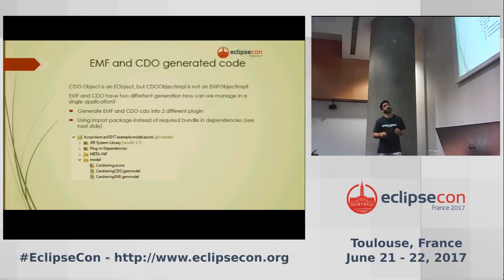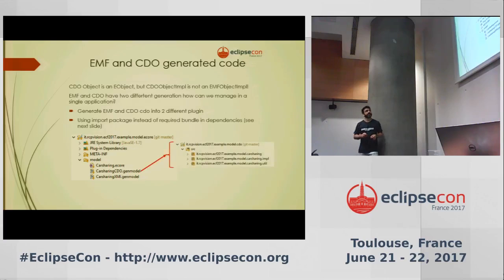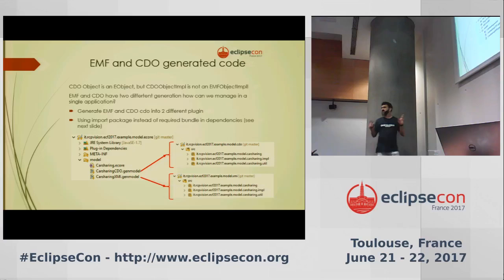And so we have two different implementations. We use a single plugin to define the model and two different gen models to generate the two implementations into two different plugins. We will see it in the example.